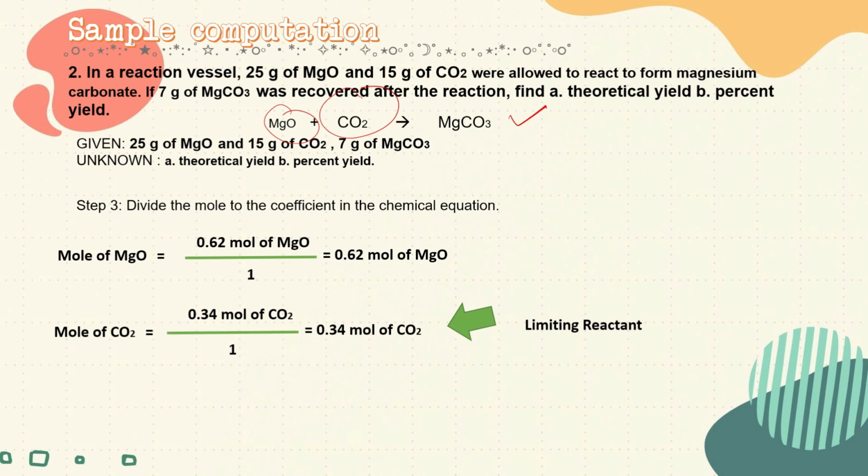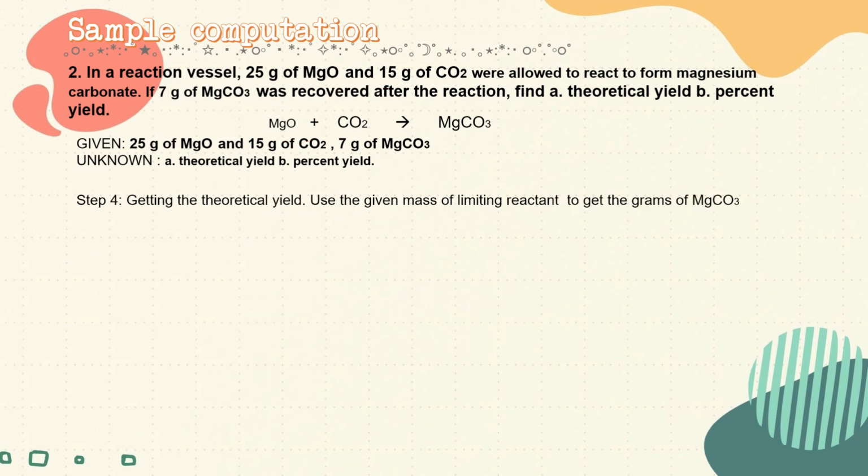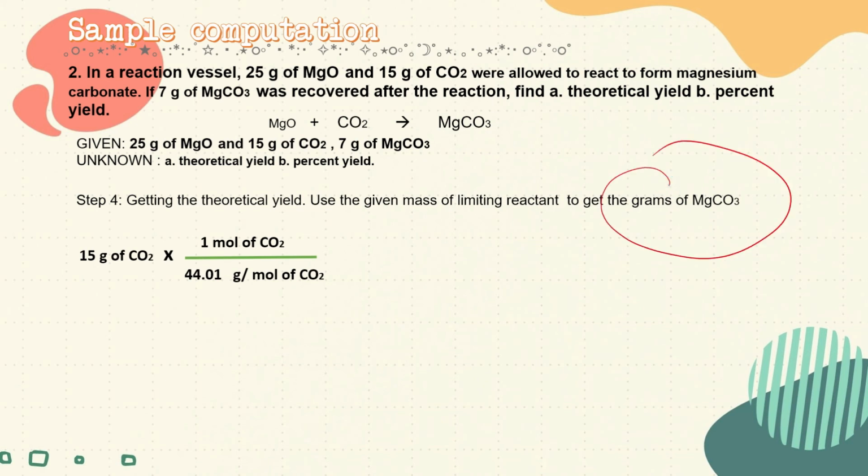So we use the gram of the limiting reactant, which is the gram of carbon dioxide, in getting the theoretical yield. Again, in theoretical yield, kailangan in terms of gram. So we need to use the gram for the carbon dioxide, which is 15 gram of CO2, and convert it into mole.